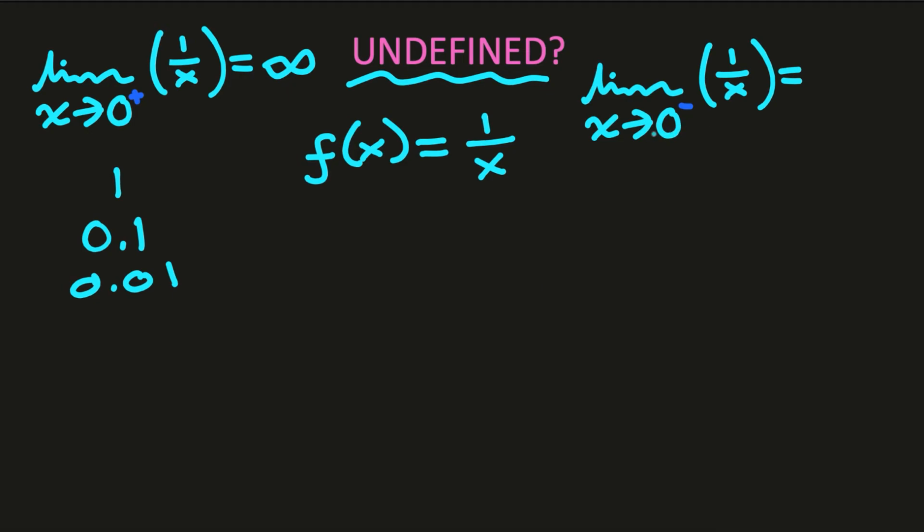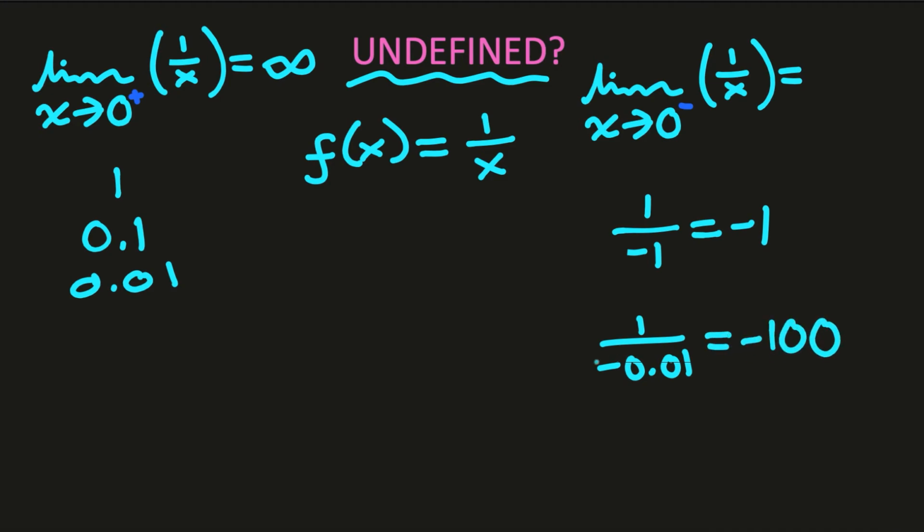Now I want to see what happens if I approach 0 from the negative side. That is, I start off with 1 divided by negative 1, and know that this is negative 1. So let me get closer to 0. Negative 0.01. I know this is negative 100. What if I had negative 0.0001?